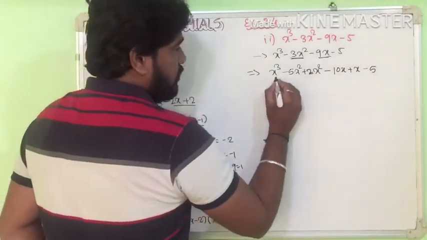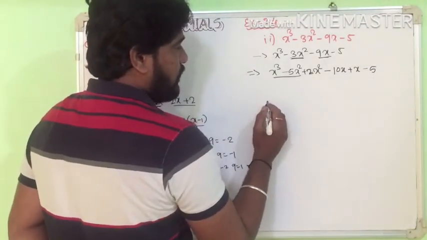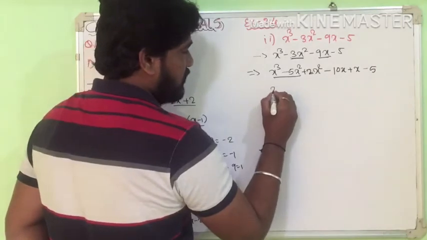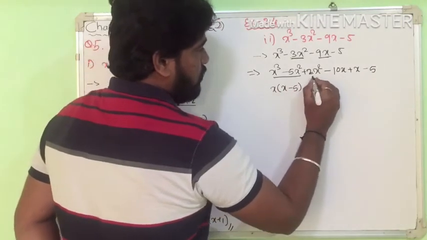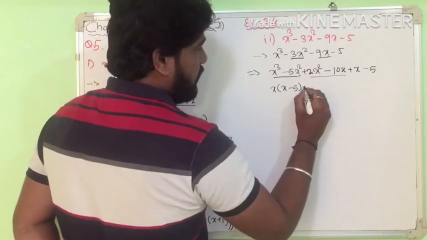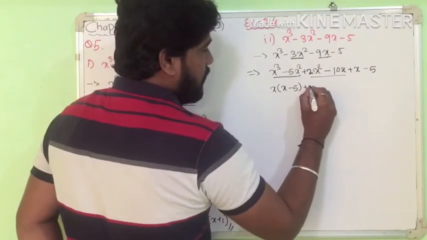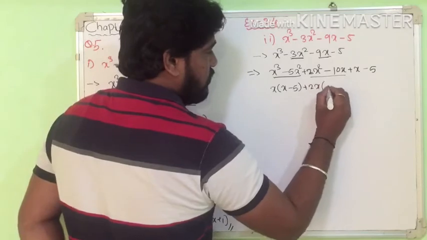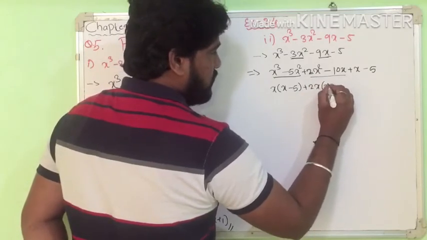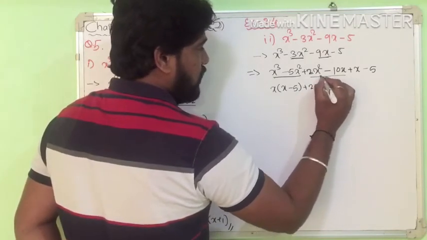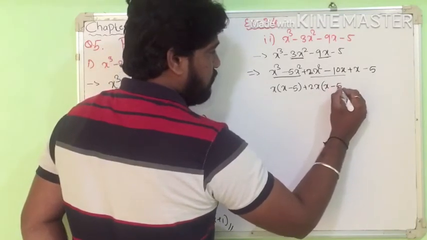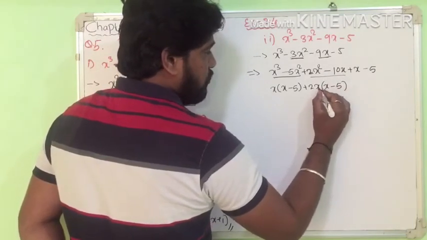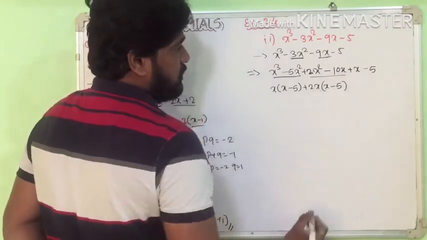Is it clear? So in these two I will take a common x. So remaining x minus 5. So in these two I will take a common plus 2x. So 2x goes outside, means x. 2x into x, 2x square. So here 2 goes outside, means 5. See here 2x into 5 is minus 10x.